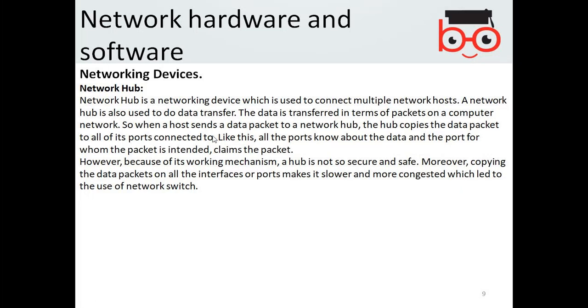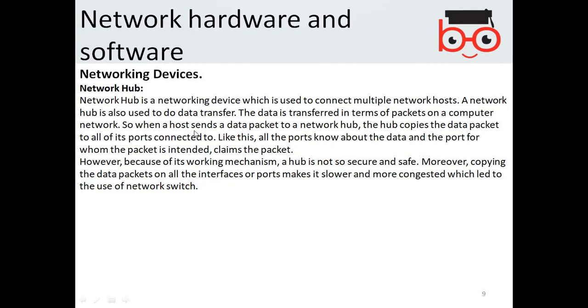A network hub is also used to do data transfer. Whenever you want to transfer data over the network, you need at least a hub device. The data is transferred in terms of packets on a computer network.